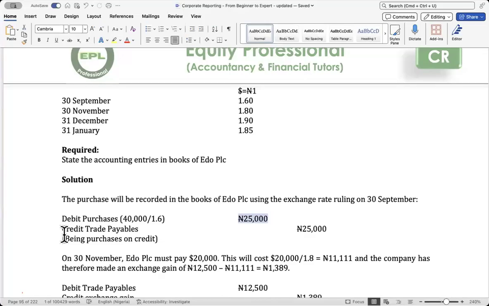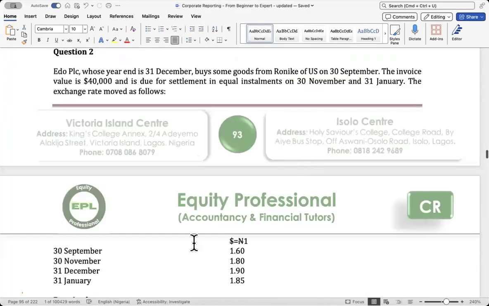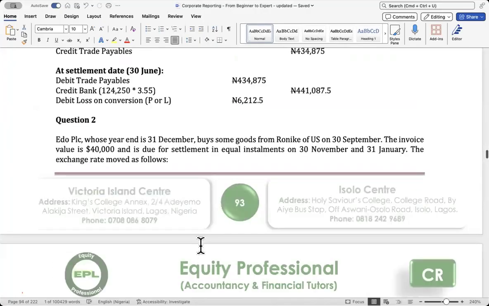Going back to the question, they said it is due for settlement in equal installments in November and January. Okay, equal installments. And they ask us to show the accounting entry. So that means that the first installment is due in November.